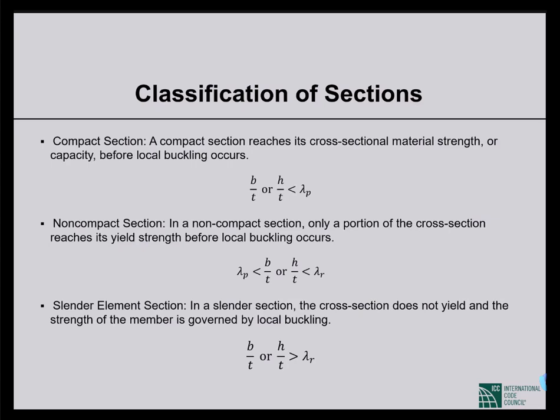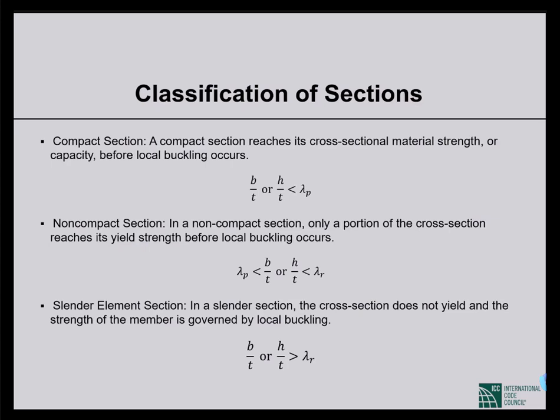a similar situation will be there even for the beam buckling case too. There will be 3 stages, and this is related to sections, elements, and local buckling. So based on local buckling criteria, we define sections in 3 types: compact section, non-compact section, and slender element section.